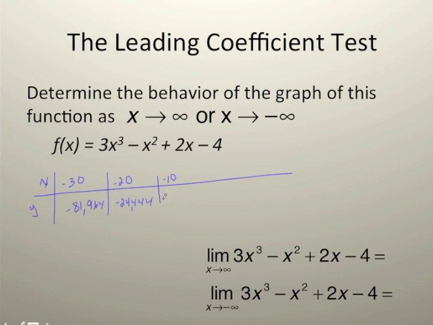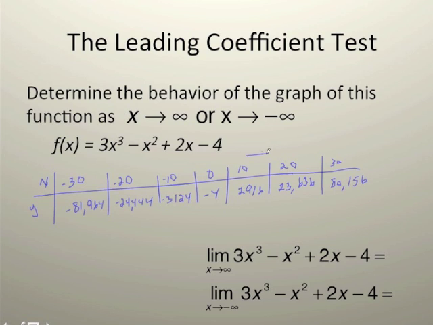Negative 10 gives me negative 3,124. 0 gives me negative 4. 10 gives me 2,916. 20 gives me 23,636. And 30 gives me 80,156.